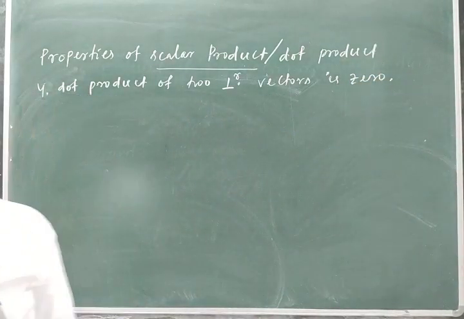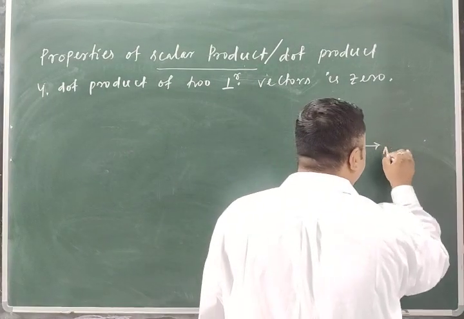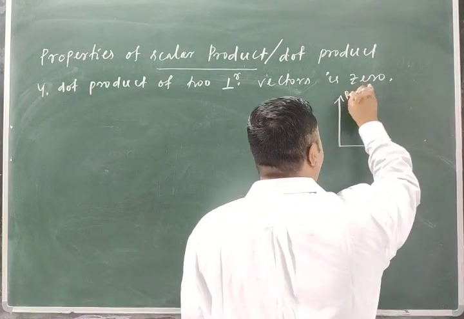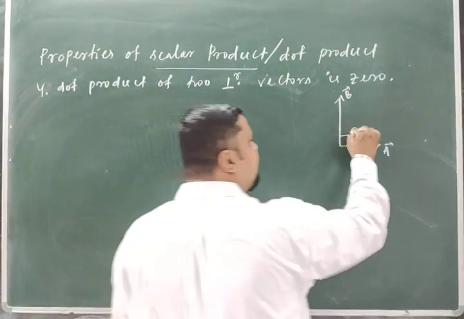I can use symbols, I will not write everything. Find out this: two perpendicular vectors, A and B. They are perpendicular, 90 degrees.